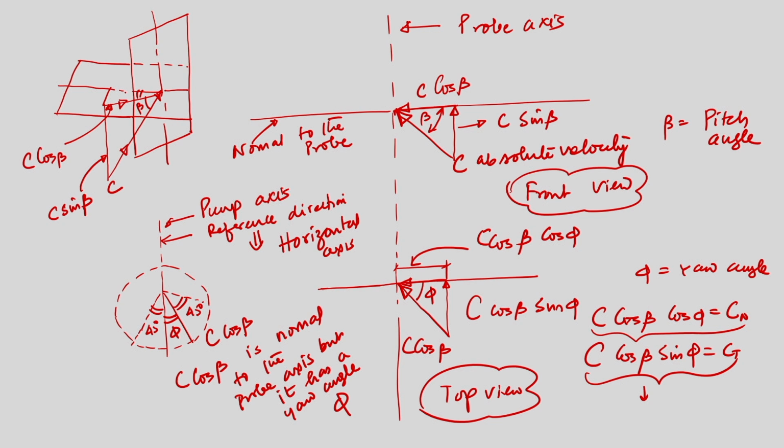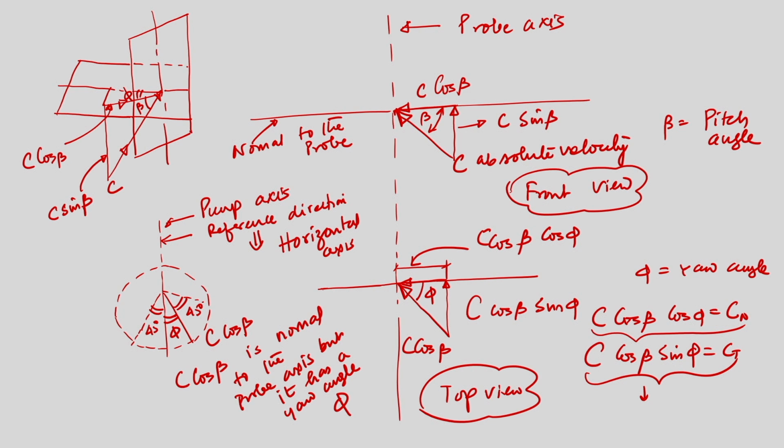So this angle is phi. The C cos beta, which is normal to the probe axis, has a yaw angle phi, and that yaw angle, as I said, is yawed until the pressure at the orifices 2 and 3 becomes equal.